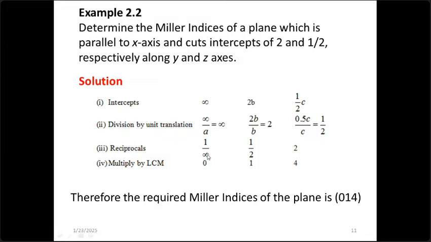So then we will need to take the LCM. What LCM do we need to take? LCM of what? Infinity, 2 and 1. So what is the LCM of those?